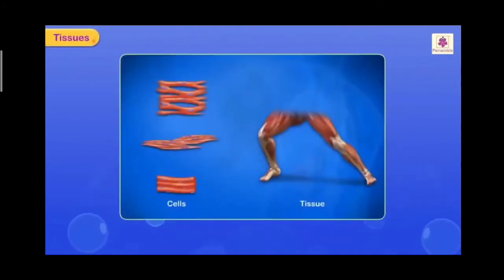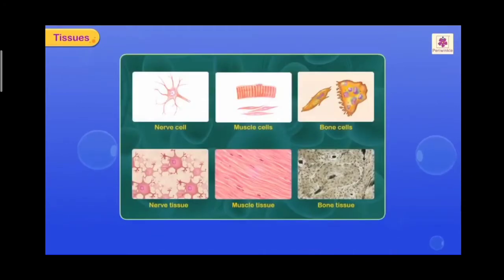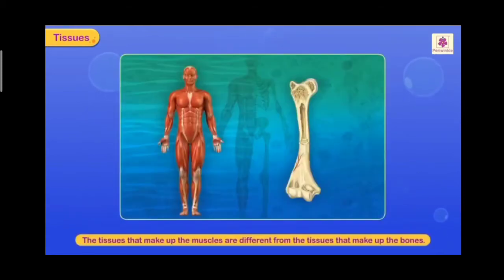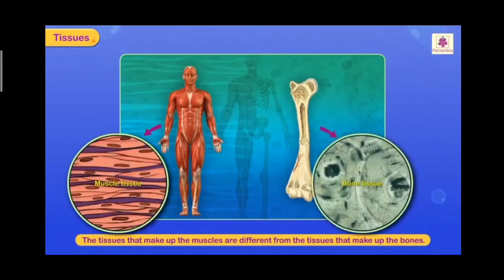Tissues. Cells of similar type join together to form a tissue. There are many types of tissues on the basis of the different types of cells they are made up of. The tissues that make up the muscles are different from the tissues that make up the bones.